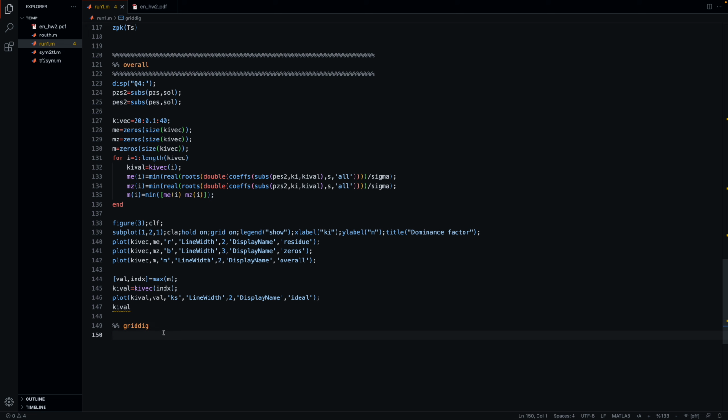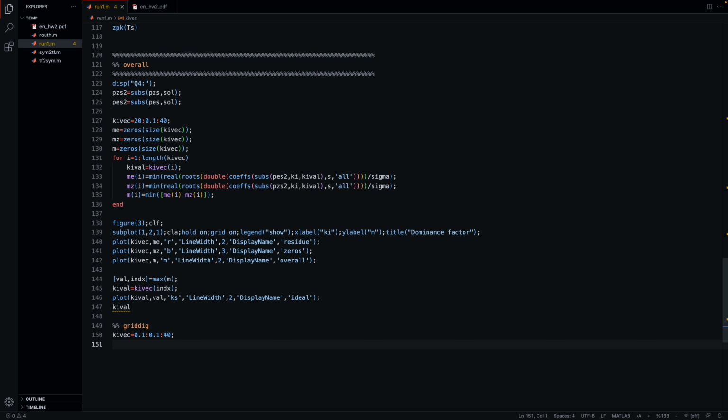where I'm going to just take Ki vec from 0.1 with 0.1 increments, let's say up to 40. So I'm just taking the whole Ki interval because this is the stabilizing interval.